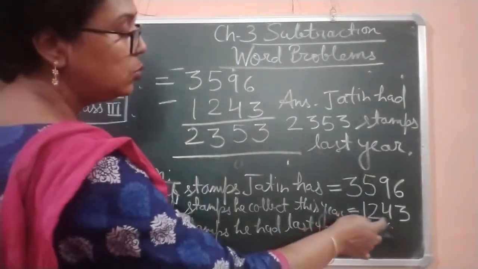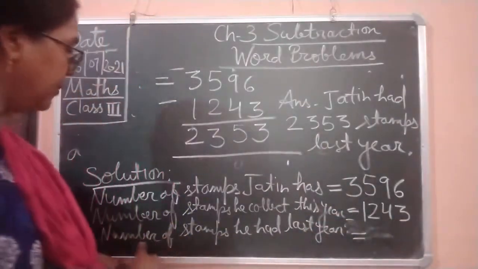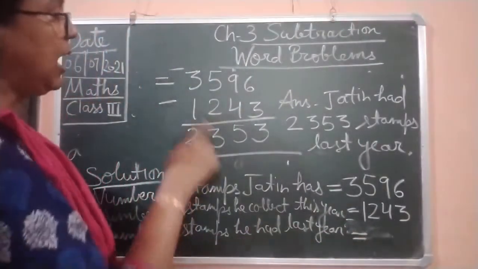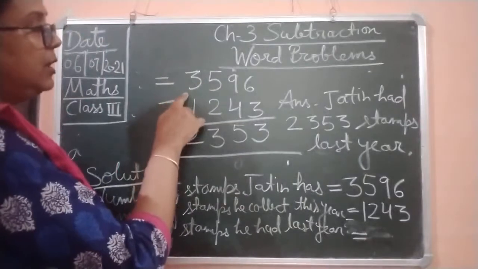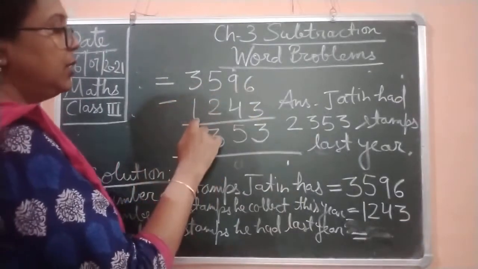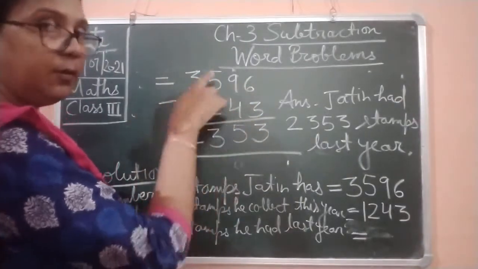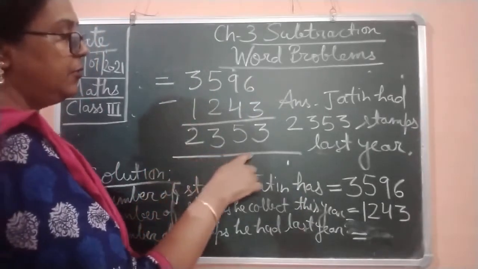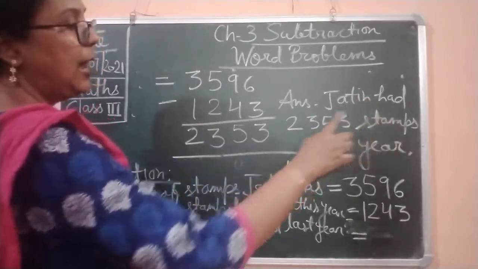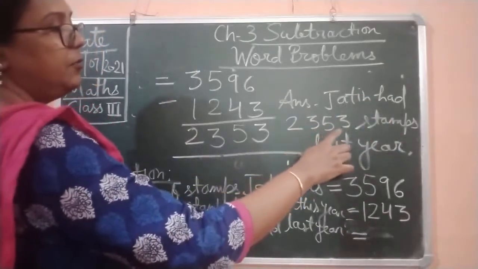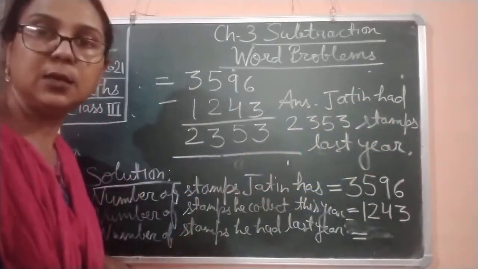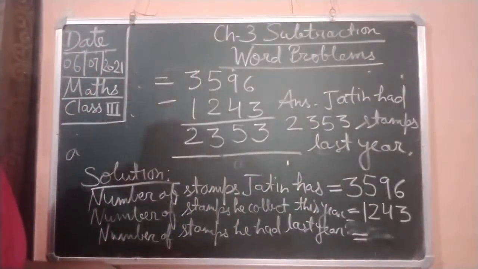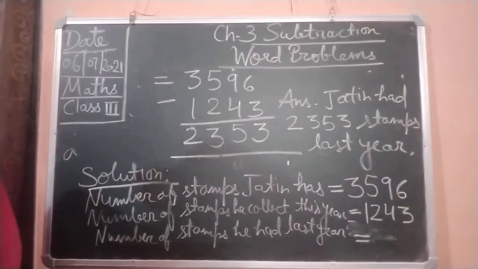That is 1243. Now number of stamps he had last year. तो इसको निकालने के लिए we have to subtract 1243 from 3596. What will we get? 2353. So here Jatin had 2353 stamps last year. So write it down, children. Take a screenshot. And now we are moving to the next one.